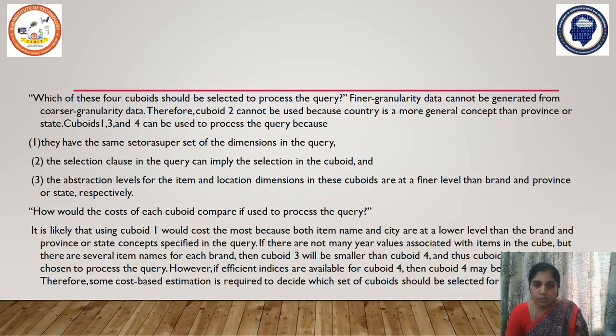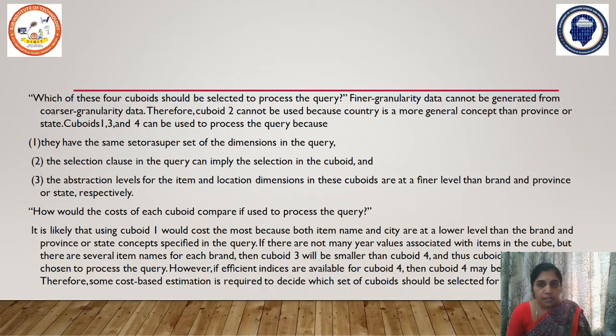So if there are not many year values associated with items in the cube, but there are several item names for each brand, then keyword 3 will be more efficient than keyword 4. Thus, keyword 3 should be chosen to process the query. However, if efficient indices are available for keyword 4, then you can go with keyword 4 as a better choice.